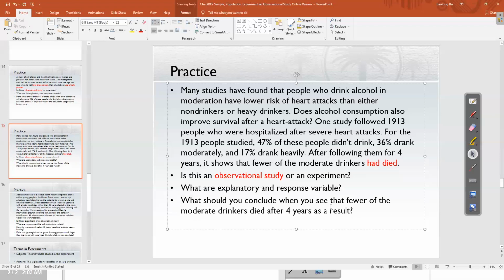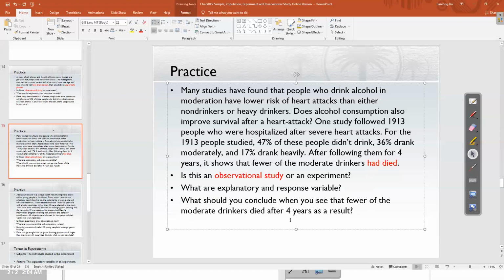And then what should you conclude when you see that fewer of the moderate drinkers died after 4 years as a result? We do see moderate drinkers have fewer people dying as a result, but we cannot conclude moderate drinking will cause people to survive better. There's no causation here in an observational study.